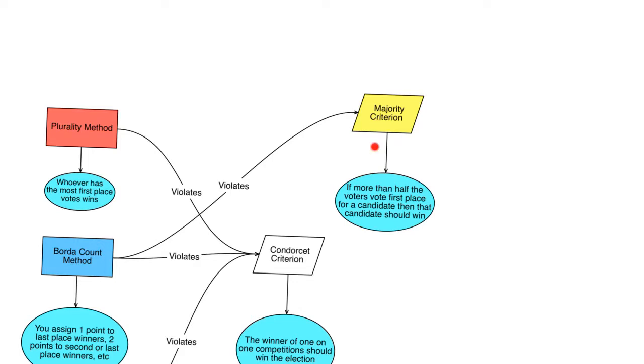So we have the majority criterion. What this says is that basically, in order for a voting method to be fair, it should be the case that if more than half the voters vote first place for a candidate, then that candidate should win.